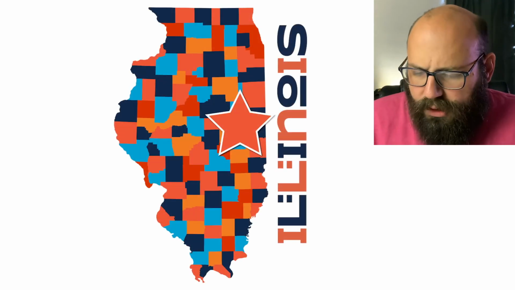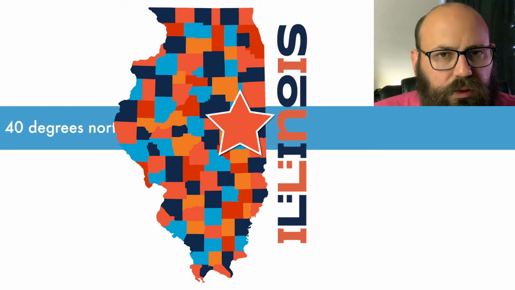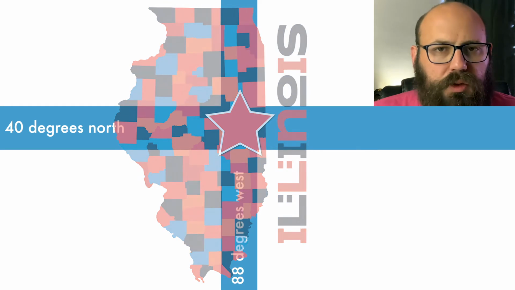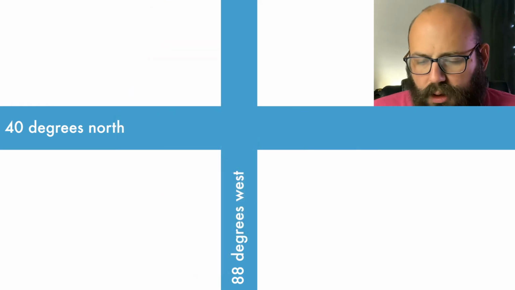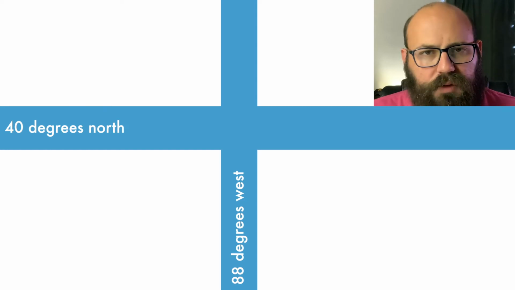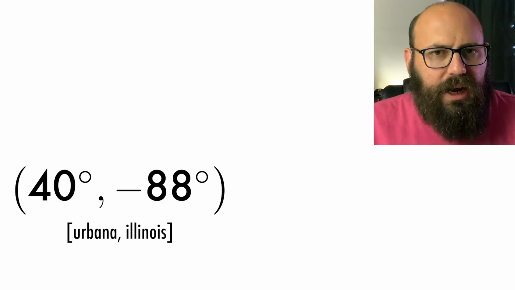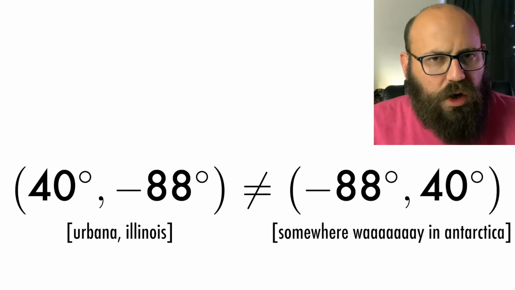Urbana, Illinois is at 40 north, 88 west. That's its latitude and longitude. Okay? So, in other words, I can write the latitude and longitude as a pair of numbers 40, 88. 40, 88 is not the same as 88, 40 in terms of latitude and longitude.